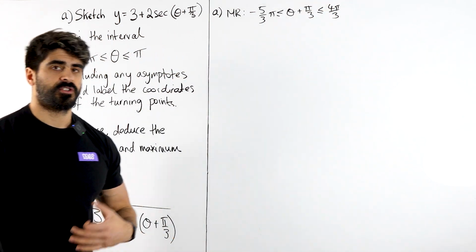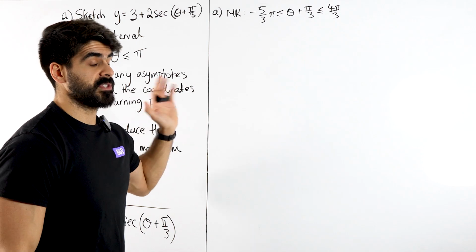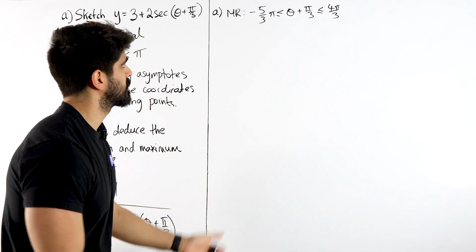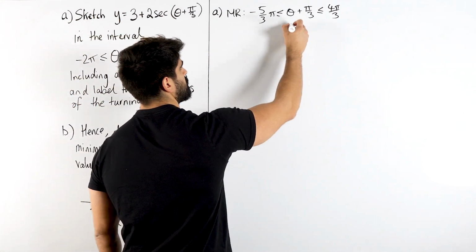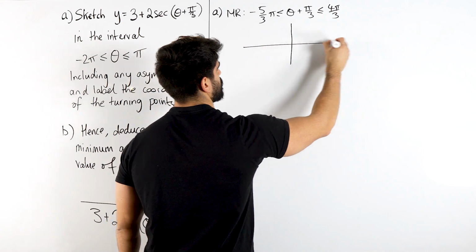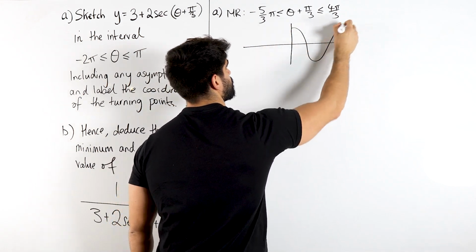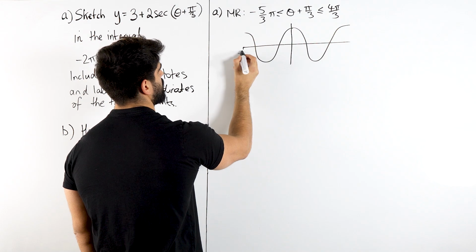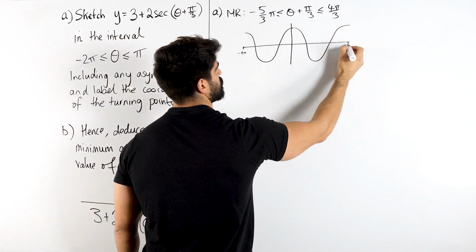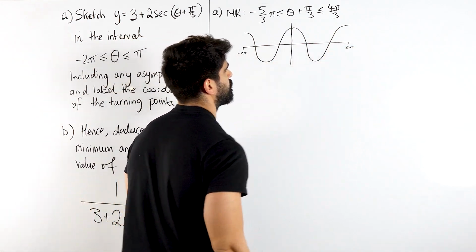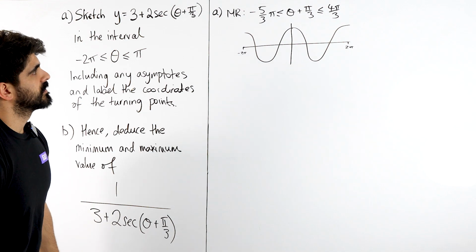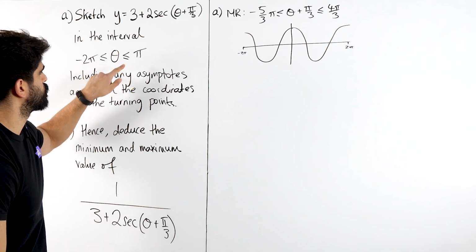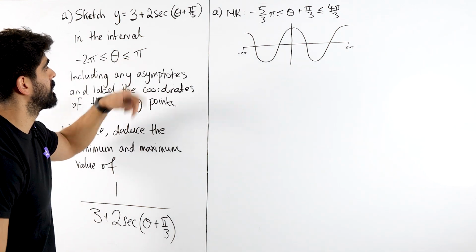Now, am I expecting you to know what the cosine graph, the sec graph looks like? No. So let's sketch it again. I'm going to do it based on observation of the cos graph. So the cos graph between minus 2 pi and 2 pi. Now, first things first, looking at the original range, we added pi over 3.